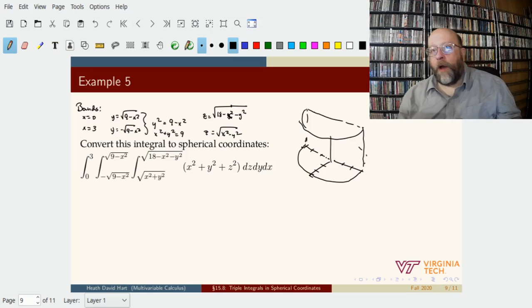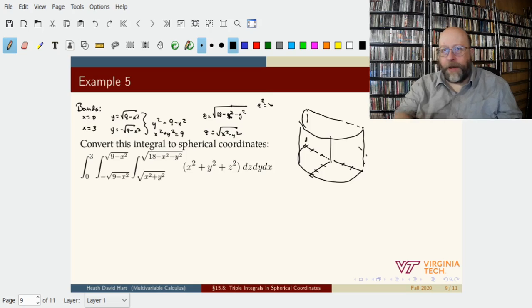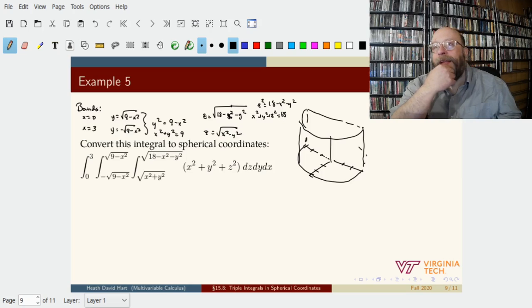All right, within that boundary here, if I square both sides, I get z squared equals 18 minus x squared minus y squared, or x squared plus y squared plus z squared equals 18. And that's a sphere of radius square root of 18, which is bigger than 3.